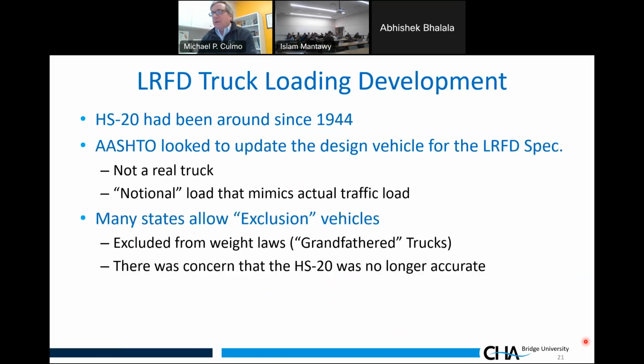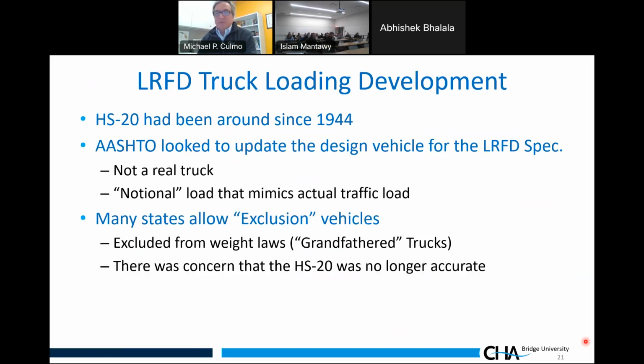Okay, let's talk a little bit about the LRFD truck loading development. As I mentioned before, we talked about the history of the Cooper loading, and HS-20 came around in 1944, which is the HS-20-44. If you look in the specification now, the current loading is called HL93. I don't know if you all know that. And anyone have an idea what the 93 means?